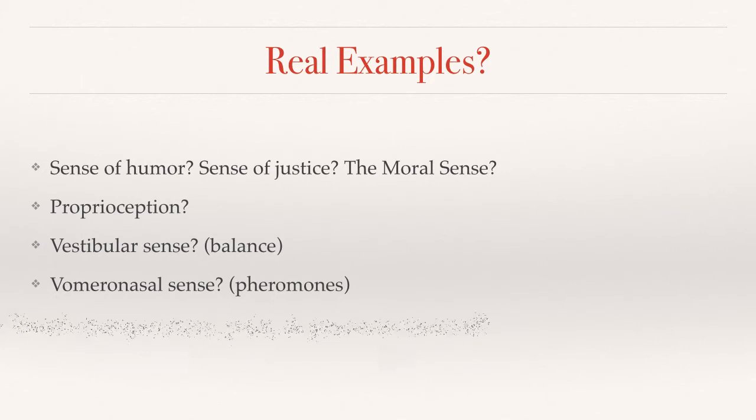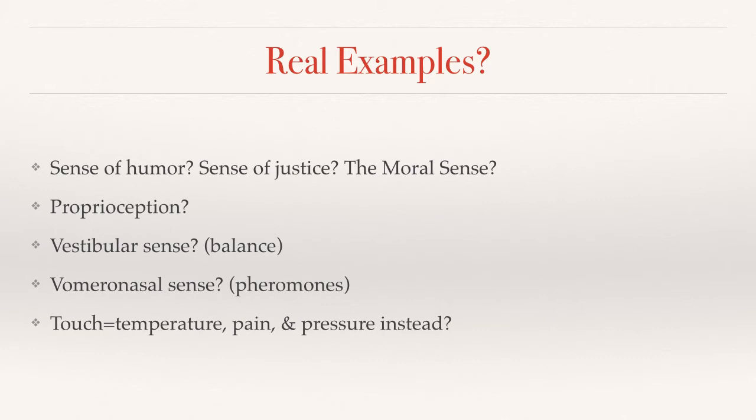And let me just mention one last candidate here, really briefly. And this has to do with touch. So what science has shown us is that if you really go into the detail of what's happening at the skin level, you find out that there isn't just one kind of receptor down there, but that there are, it looks like, 3 different broad kinds of receptors that look like they're receptive to different things.